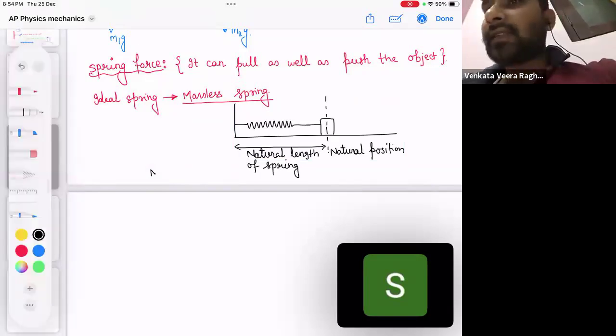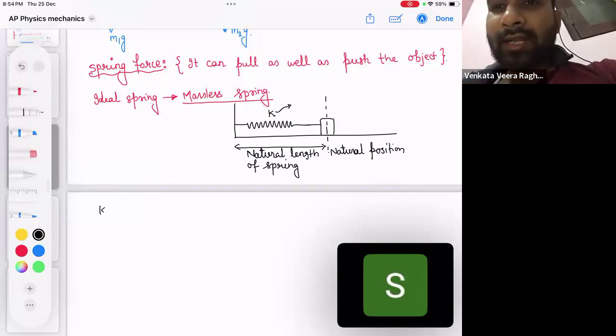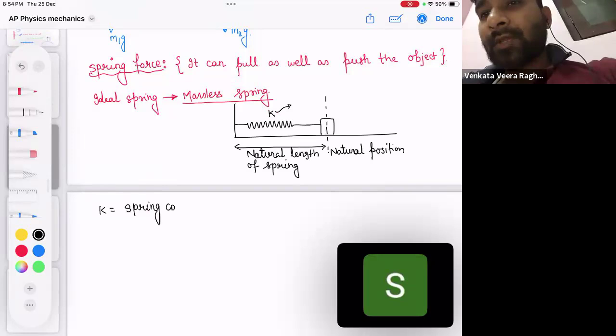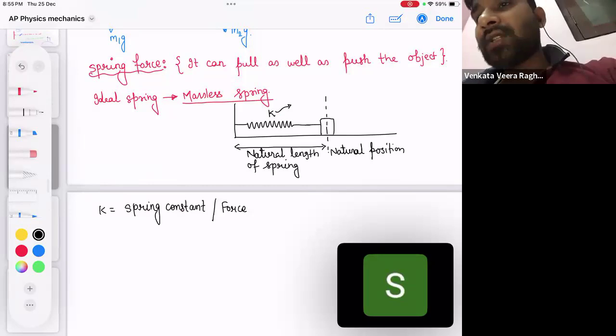Clear? Every spring has its property defined by the K. That K is called the spring constant. Some questions will use the word force constant.